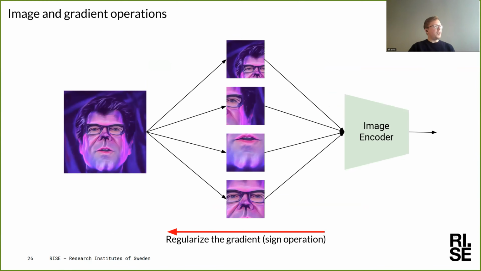The operation you can do to get an interesting gradient out from the image encoder with respect to a textual prompt is to cut the image up into a lot of small overlapping pieces, and then feed each piece into the image encoder.